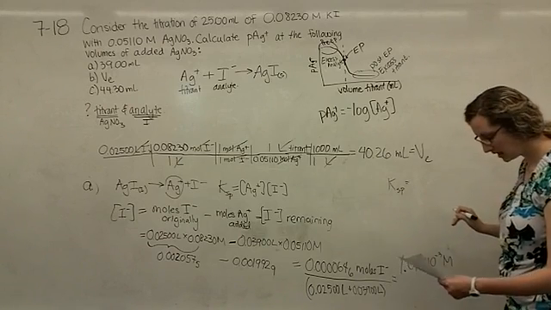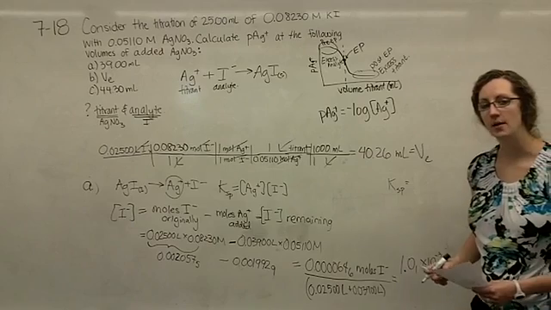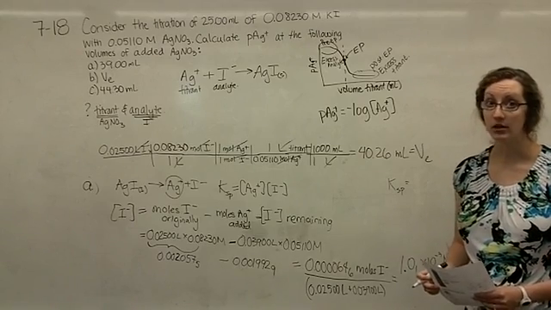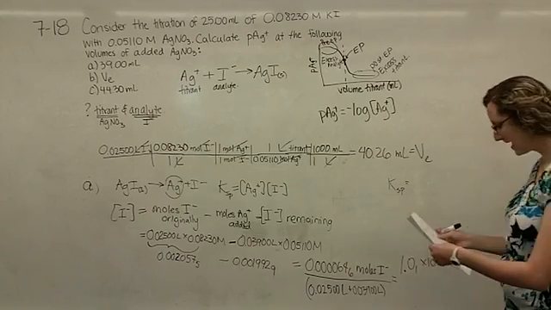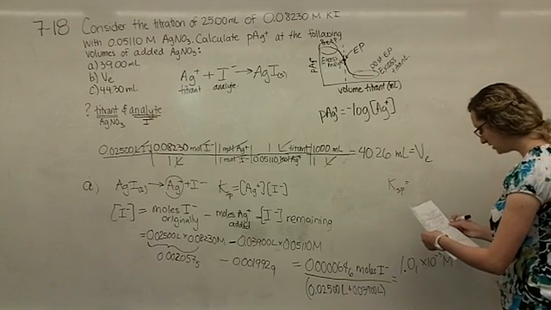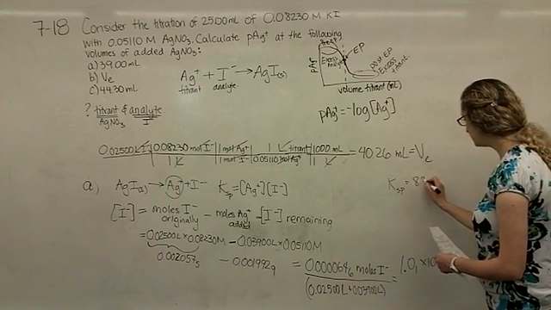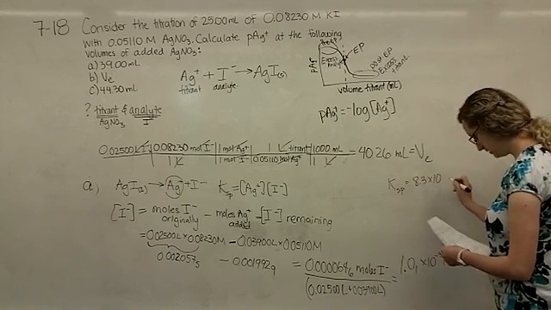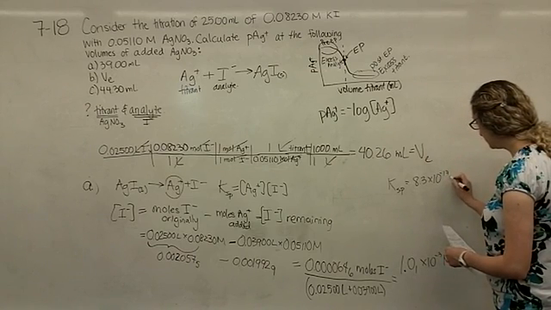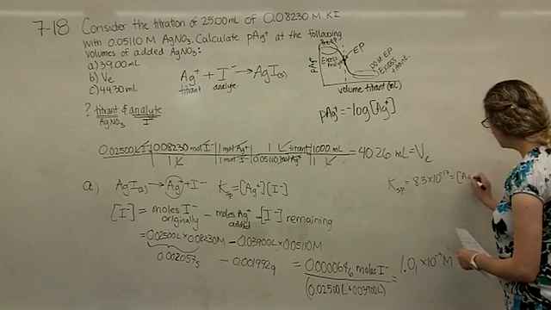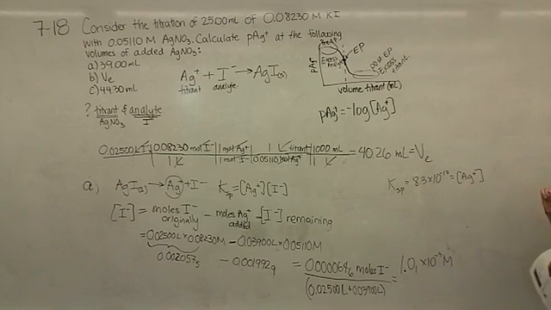And actually the KSP, recall you can look that up. It's in Appendix F in your book, and the KSP is given as 8.3 times 10 to the minus 17 equals our silver ion times our iodide concentration, 10 to the minus 3 molar.